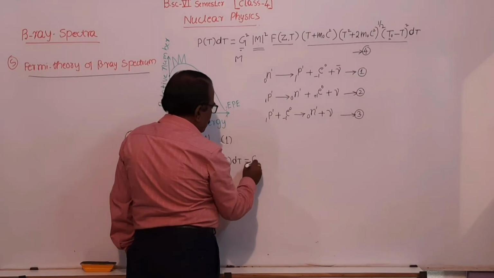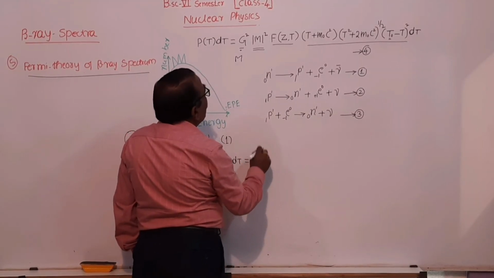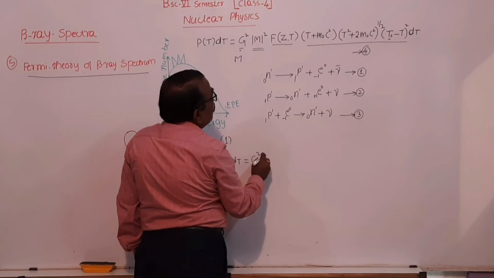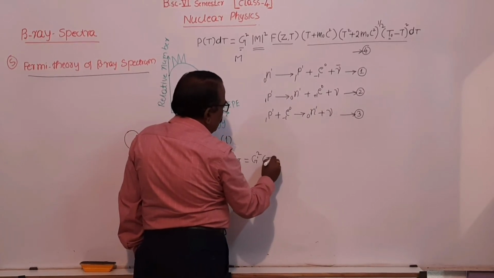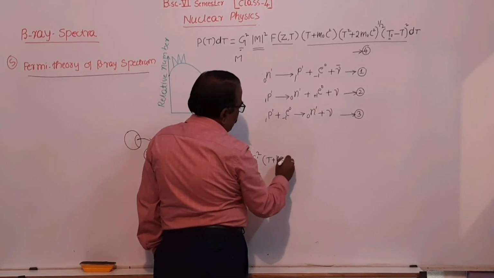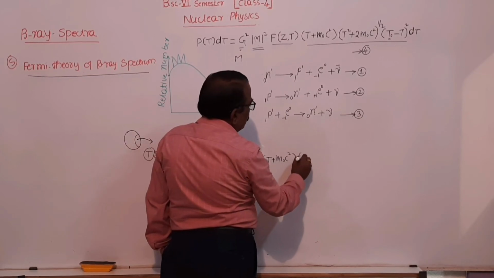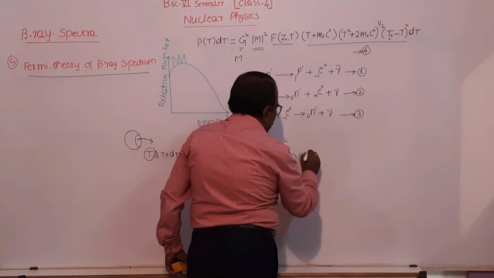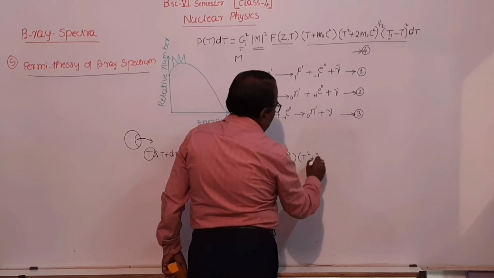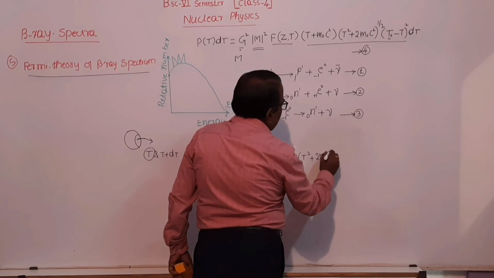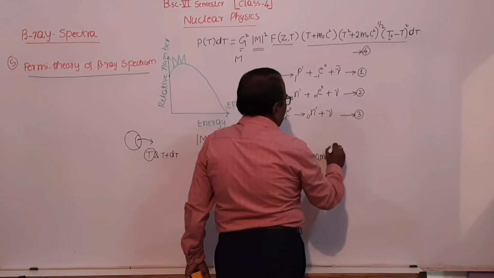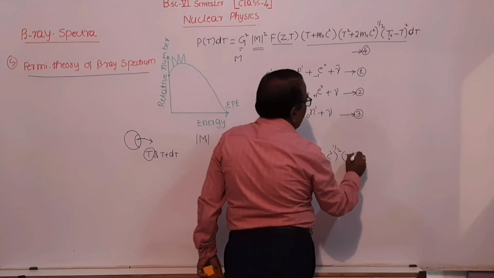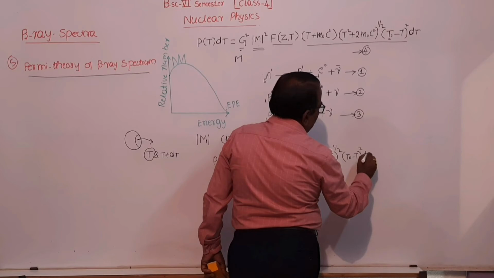G dash squared, which is independent of energy, taken as 1, into (T plus m naught c squared), into square root of (T squared plus 2 m naught c squared T), into (T0 minus T) whole squared into dT.